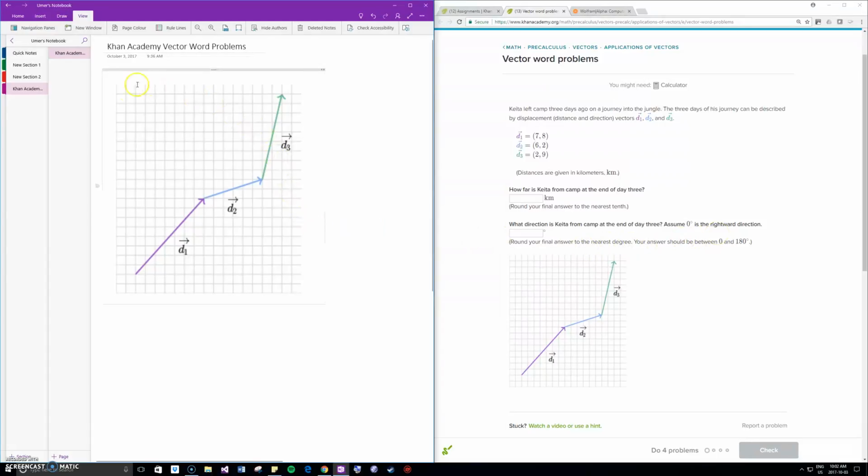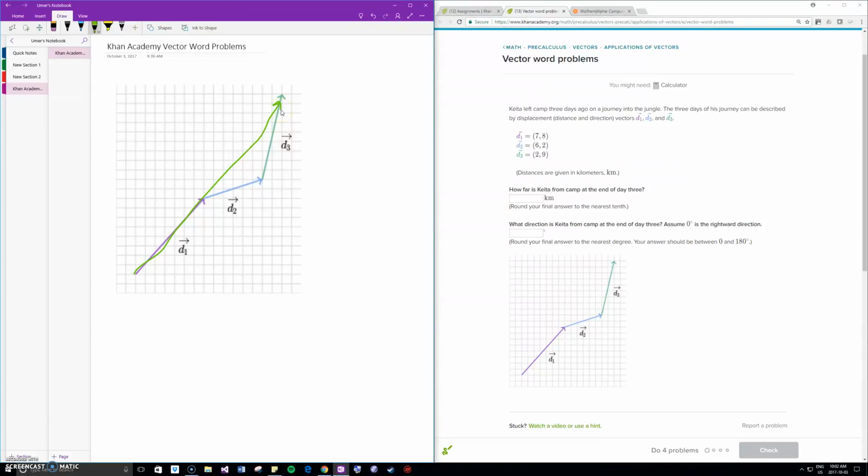Okay, so I've taken a screen capture of these 3 vectors. This really is key to solving this problem. So how far is Kader from camp at the end of day 3? So really what we're talking about is this vector right here.